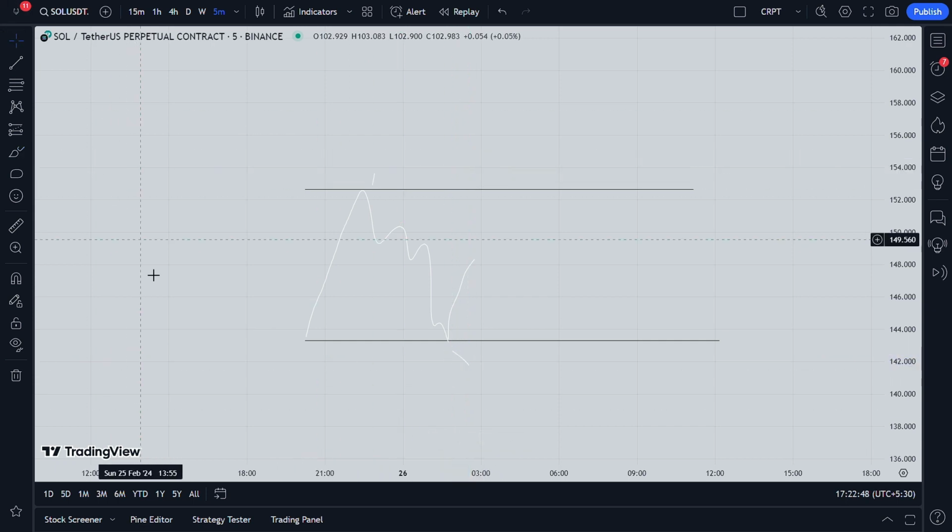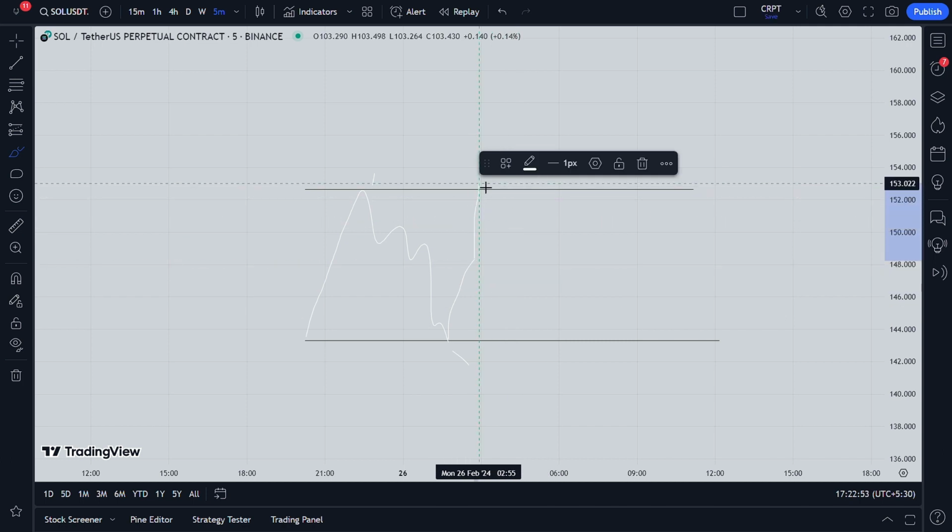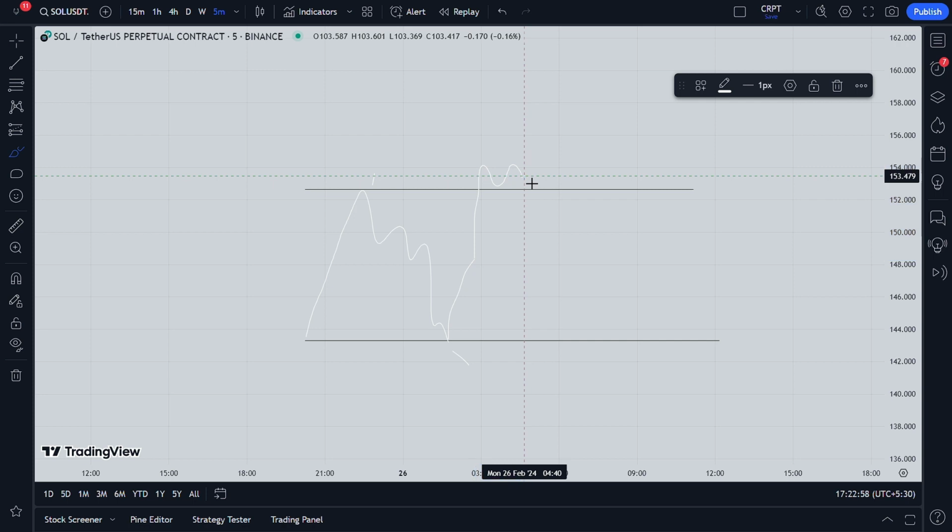Now what we want to see is that price either breaks this high and stays for at least 4 to 5, or as many candles as possible, at least 4 candles let's say, and after that price comes below that high and closes with a strong red candle. Okay, this part is known as deviation.